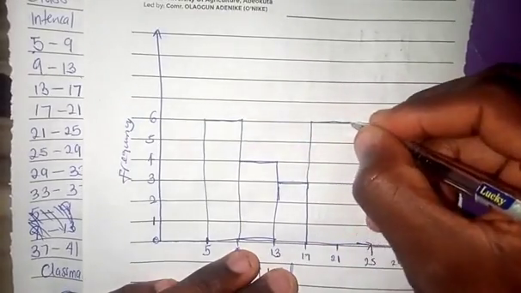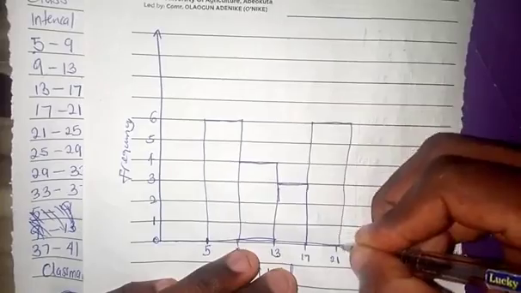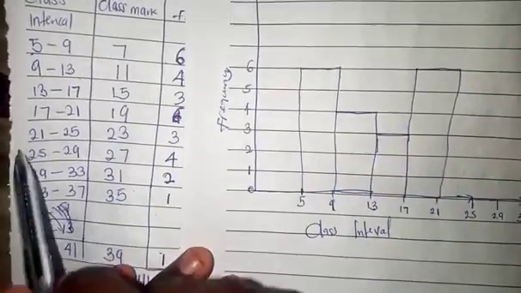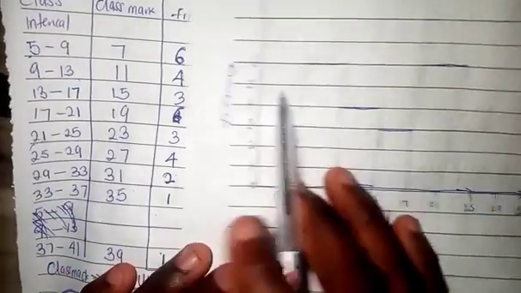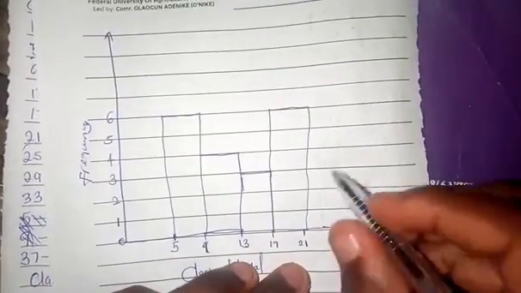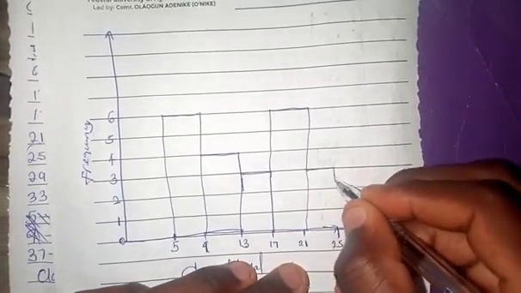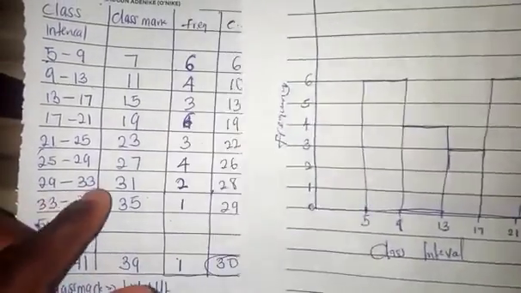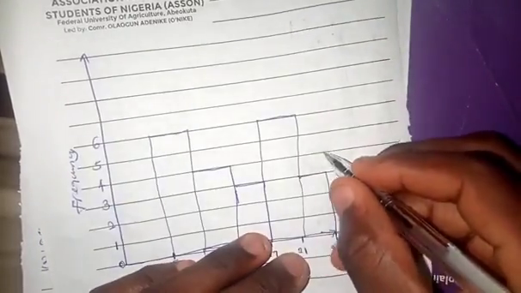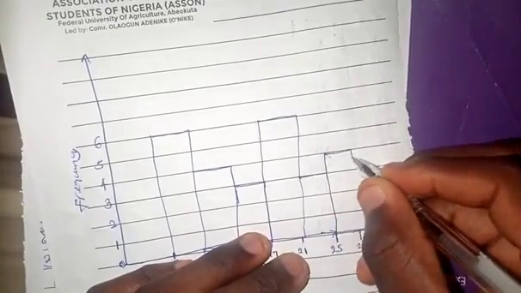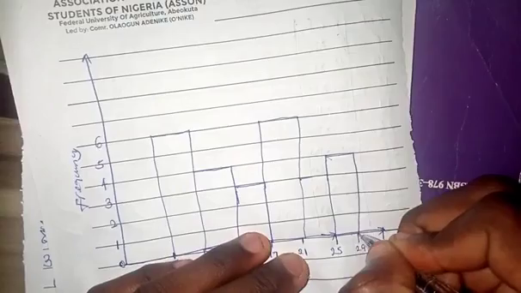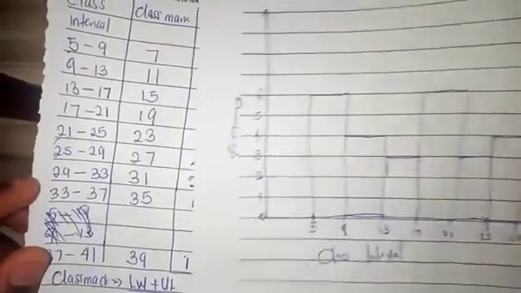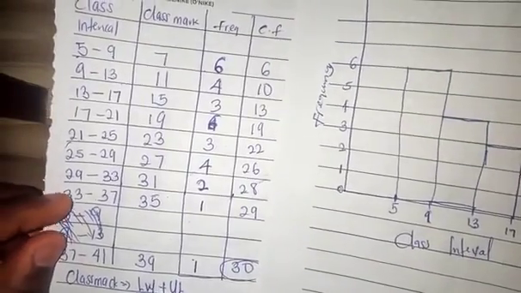You draw your what? Your bar. The next one is what? 21 to 25. The frequency is what? 3. You go again. You draw. The next one is what? 25 to 29. The frequency is what? 4. You go. You draw. The next one is what? 29 to 33.